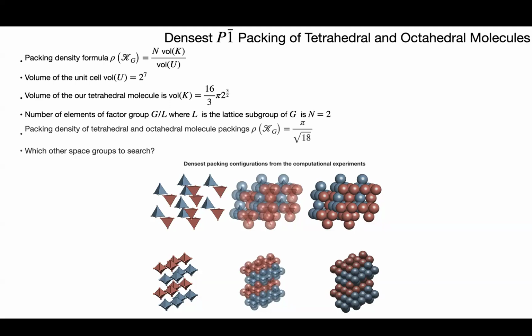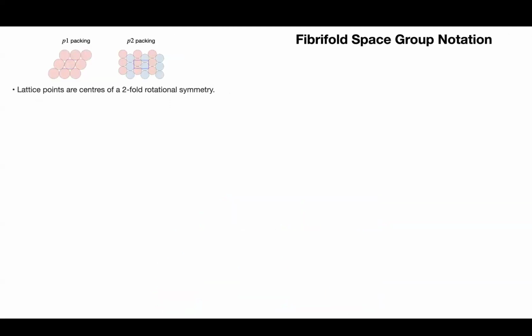What kind of additional packing symmetries are there? For this, I used the fibrifold space group notation. There is another space group notation, but it's one I'm not fond of, although I'm still learning.